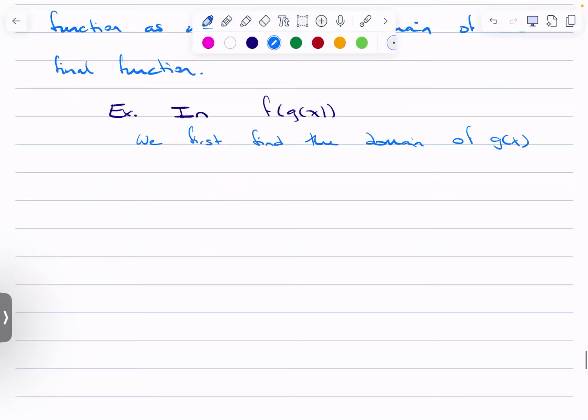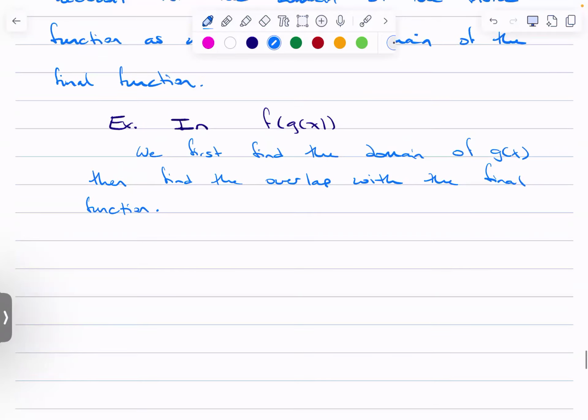And then merge that domain. Shouldn't say merge. Find the overlap. That's more appropriate. Then find the overlap with the final function. Often they're the same, and so that's why I don't want to spend too much.